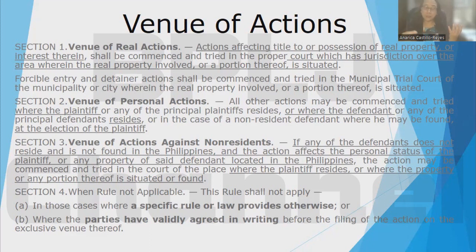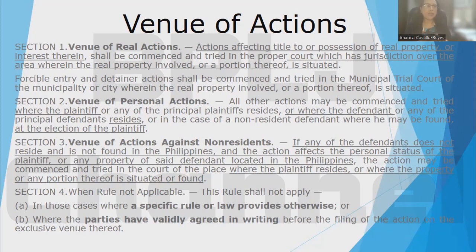Okay. And with respect to personal actions, the court took into consideration the residences of the plaintiff and the defendant, because it is primarily designed to make it convenient to the parties.